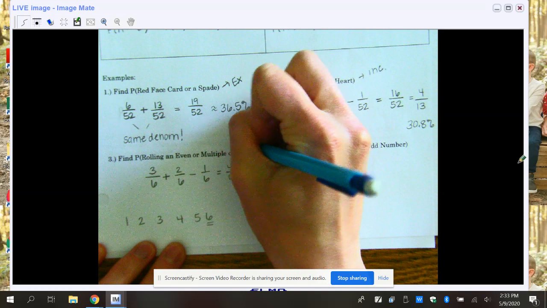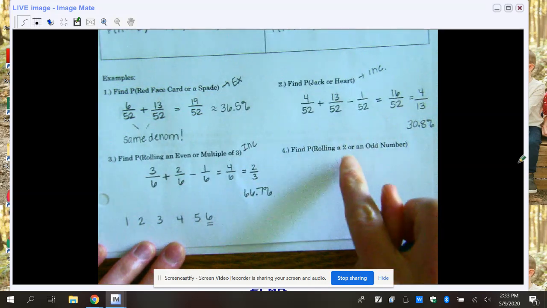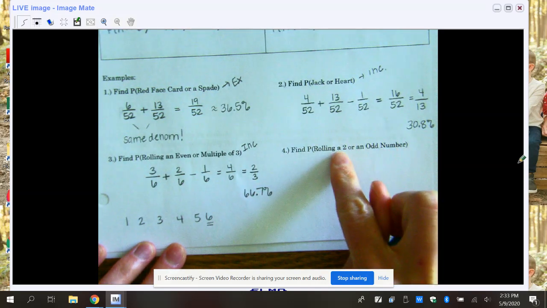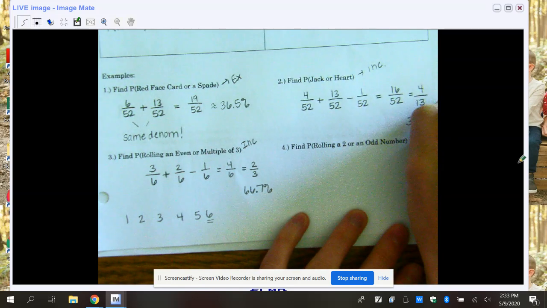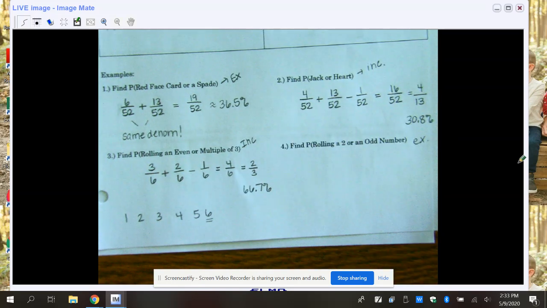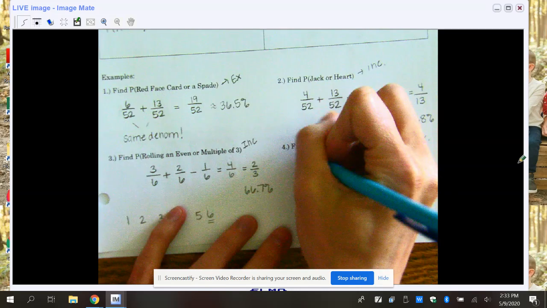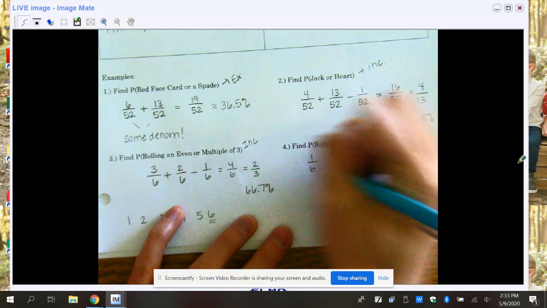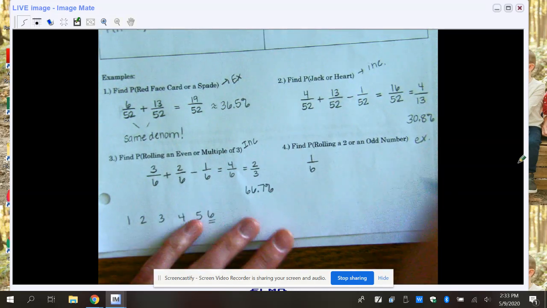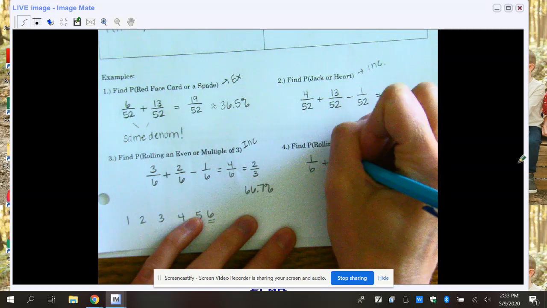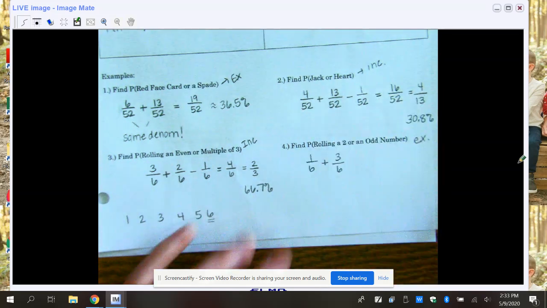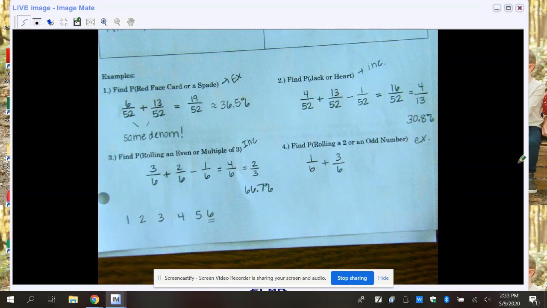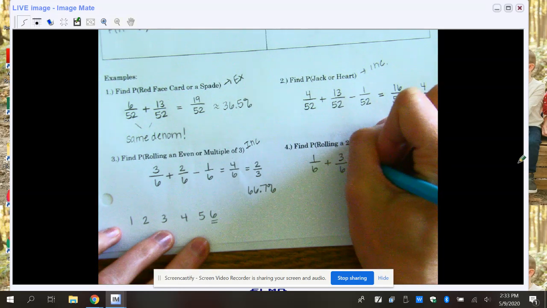Okay. And now rolling a 2 or an odd number. Well, if I think, are there any odd numbers that are 2s? No. So these are going to be exclusive, which means I'm not going to have to subtract anything. So there's a 1 in 6 chance that I would roll a 2. There's a 3 in 6 chance that I roll an odd number. And again, there's no overlap there.